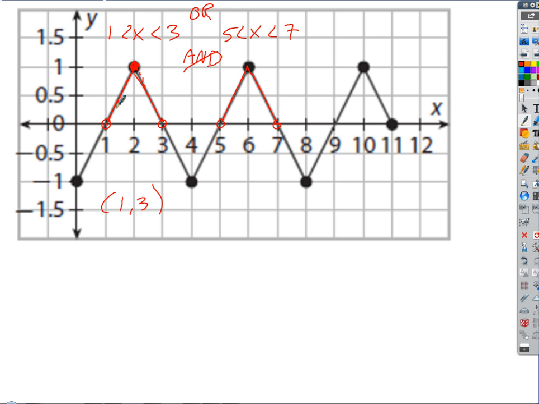It's not enough to be just greater than 1. Greater than 1 could be 12, right? But 12 is not less than 3, so it's not on the interval, right? And has to be both. Okay, you can be both a, what can you be? You can be both a boy and tall, right? Does that make sense?